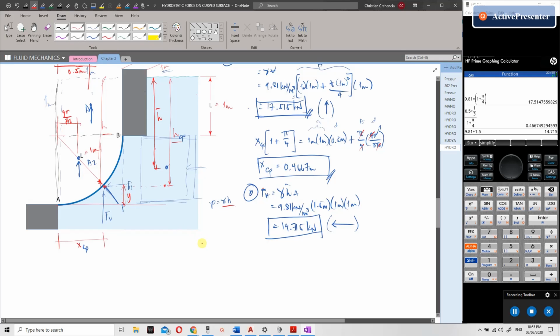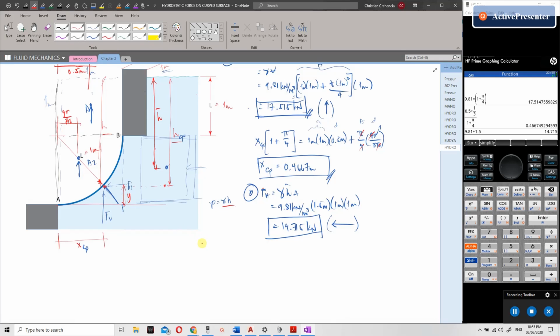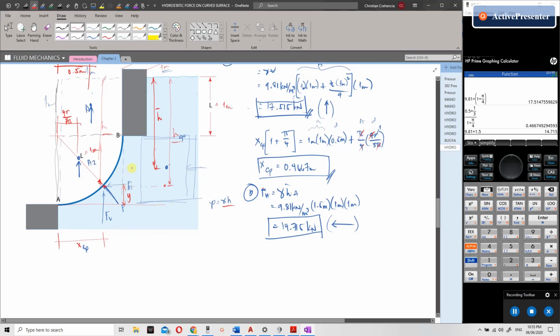So how do we get that? If this is the centroid, the center of gravity, and this is the CP, we have a distance E, with the formula E equal to ICG, the moment of inertia about the center of gravity, over area times y bar.